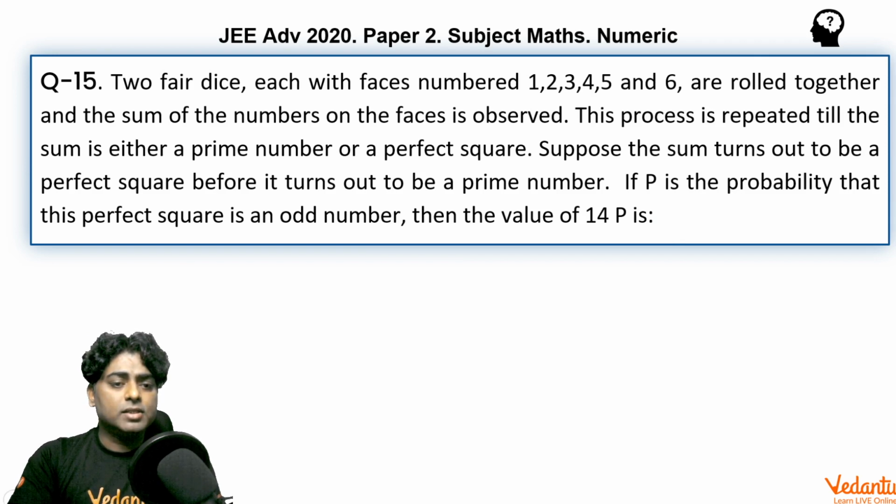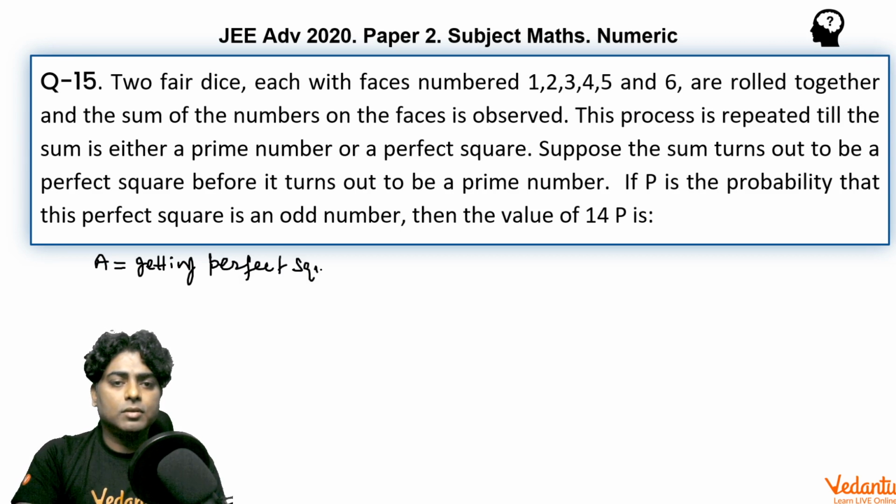a few events here related to the problem. I am going to define event A, that we are getting a perfect square, that is 4 or 9.